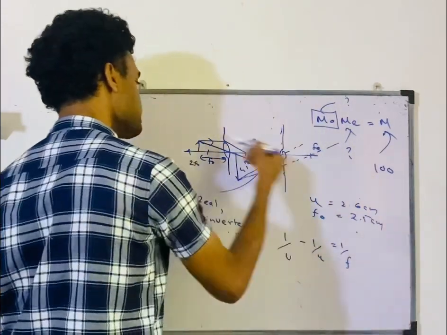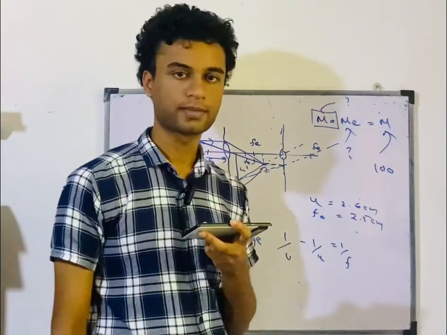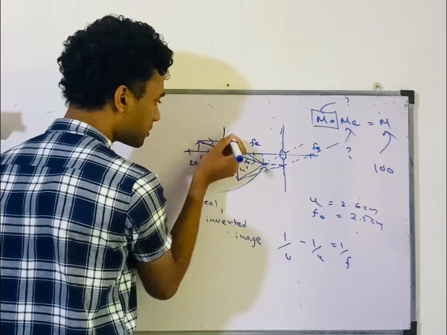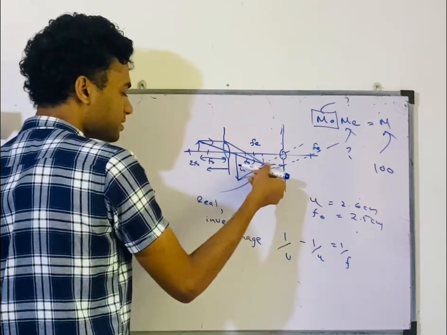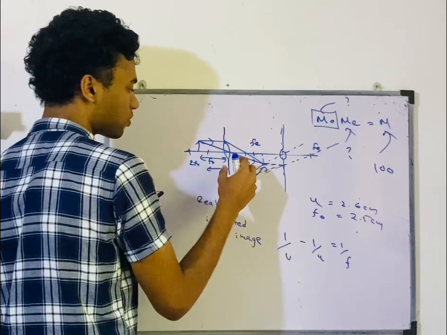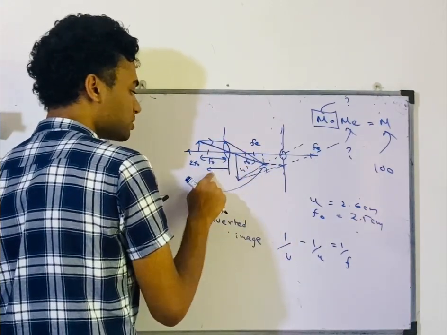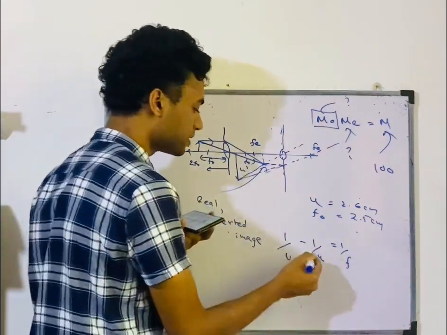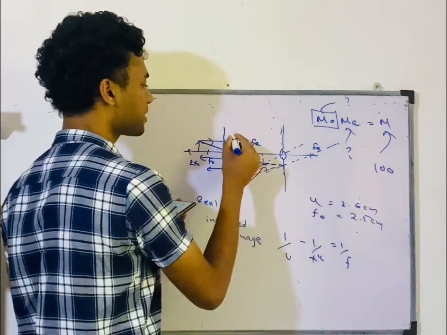But if I go in the opposite direction to the passage of light, it's going to be measured to be positive. So now can you see light rays are going like this, and from this optical axis I'm going towards the left, which means I'm going against the direction of light rays. That means object distance should be positive.